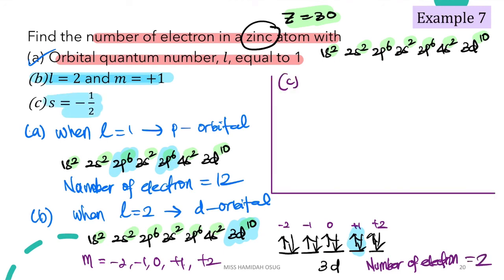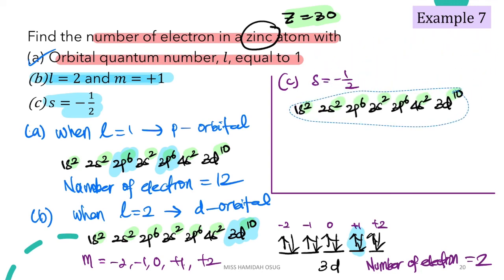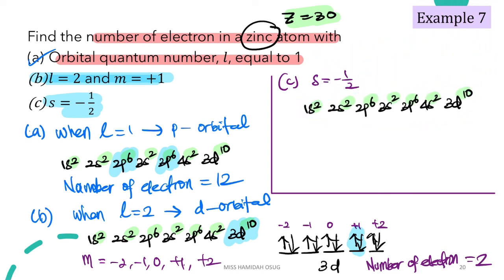Next, for question C, you were asked to find the number of electrons when S is equals to -half. Okay, so let us take a look at the SPDF notation we wrote earlier. Separuh daripada elektron pada setiap orbital tersebut akan mempunyai nilai S sama dengan -half.